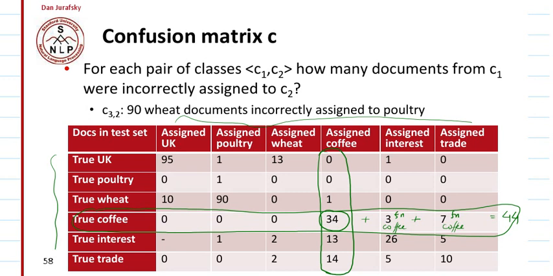So this is false positive. This is also false positive, right? The system is saying it is coffee, but it is actually trade. So with the help of seeing only the row and column, we can calculate the precision for coffee.